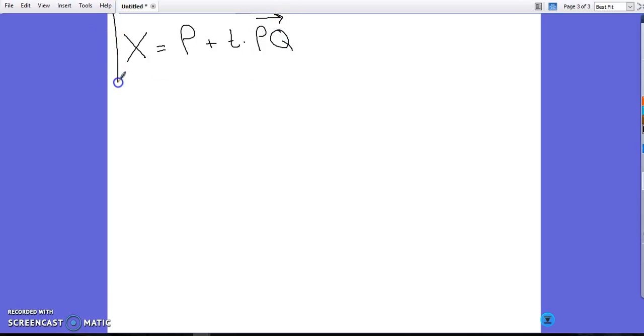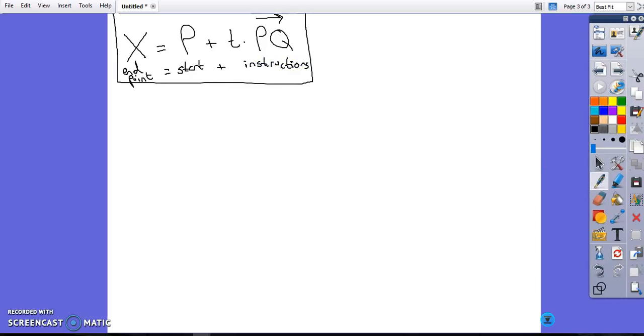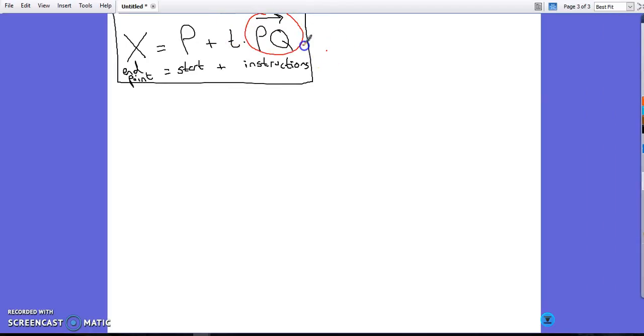This is one form of the vector equation of a line. And it's based on what we've been practicing a lot over the course of our work with vectors, that the endpoint is equal to the start point plus instructions, where the instructions are built up of this vector here, which gives us which direction we go in, multiplied by a scalar t, which can make this whole part bigger or smaller, so that's how far we go.